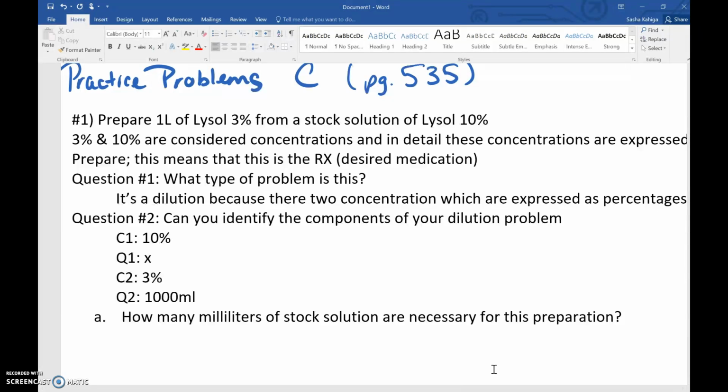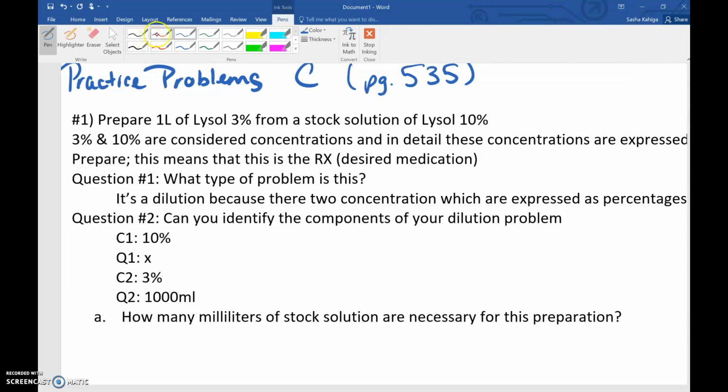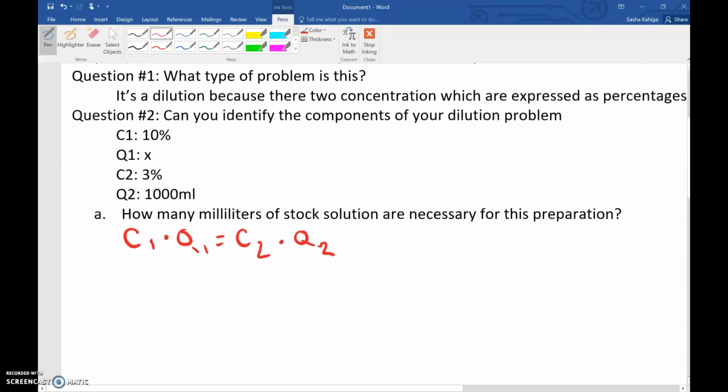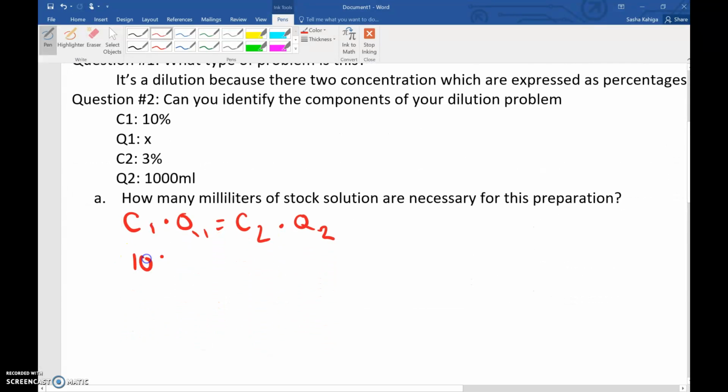In order to solve A, you're going to have to use the formula C1 times Q1 equals C2 times Q2. We know that C1 is 10, Q1 is X, C2 is 3, Q2 is 1,000.